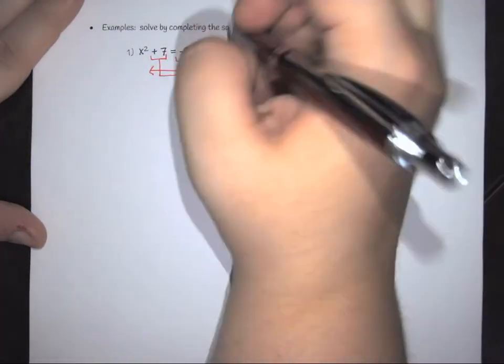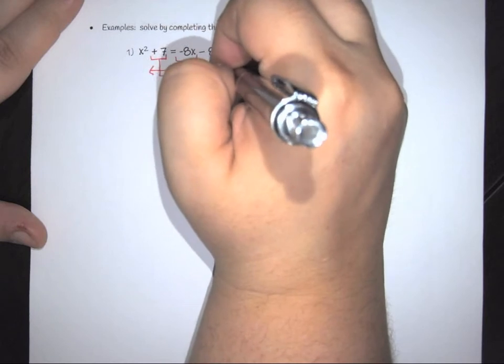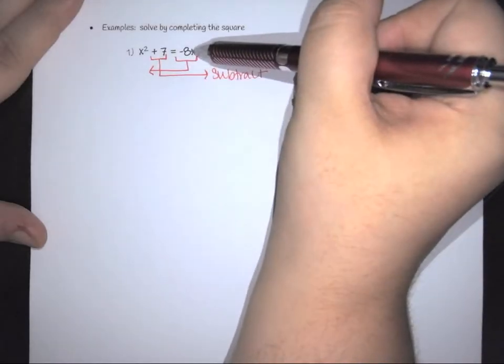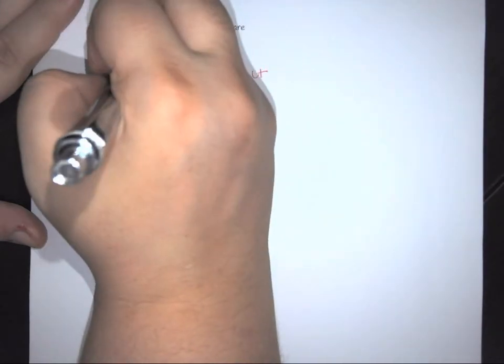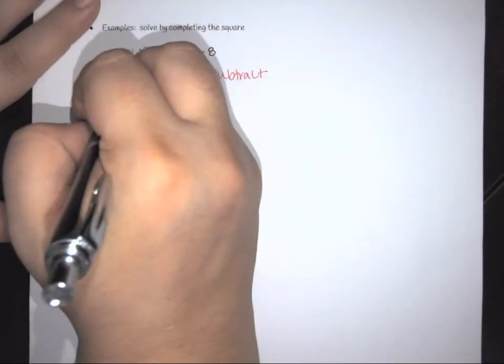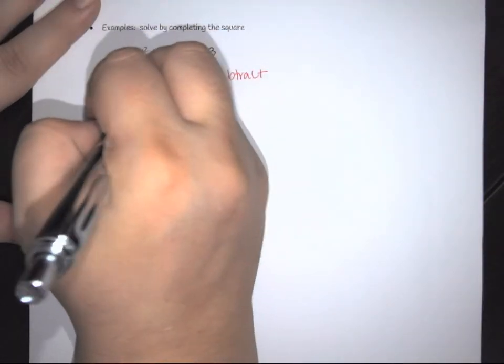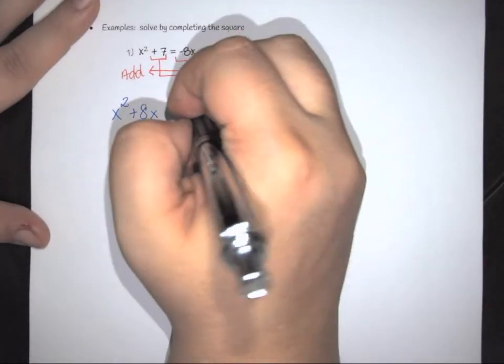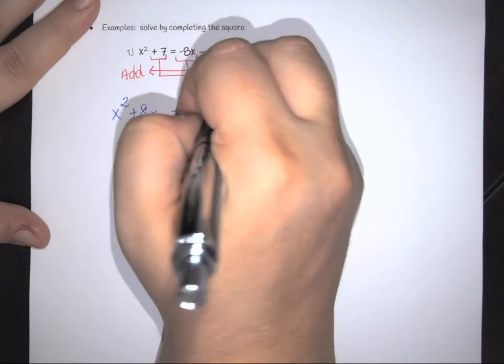Because my 7 is positive, to move it says I have to subtract. Because my 8x is negative, to move it says I have to add. So this is going to become x squared plus 8x is equal to negative 8 minus 7, which is a negative 15.